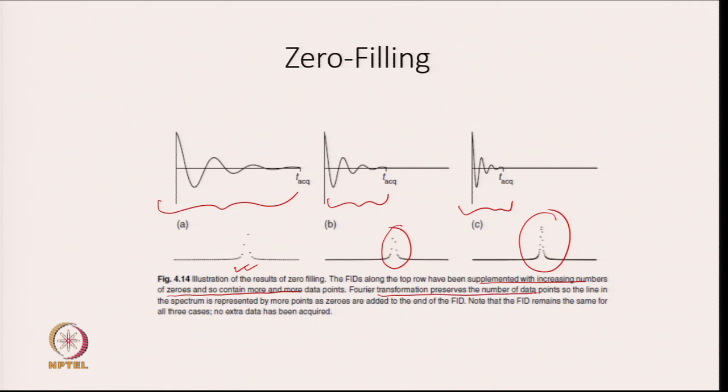Fourier transformation preserves the number of data points. So, the line in the spectrum is represented by more points as zeros are added to the end of the FID.